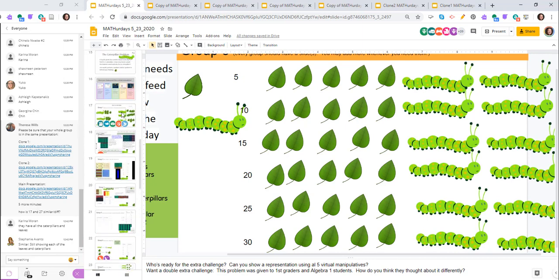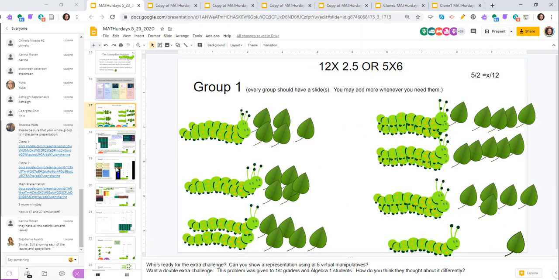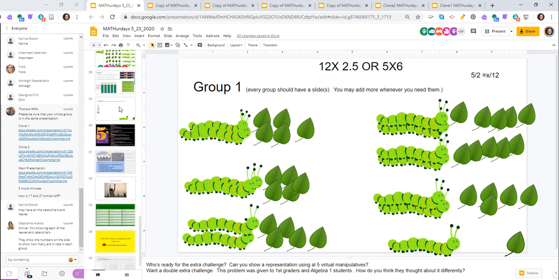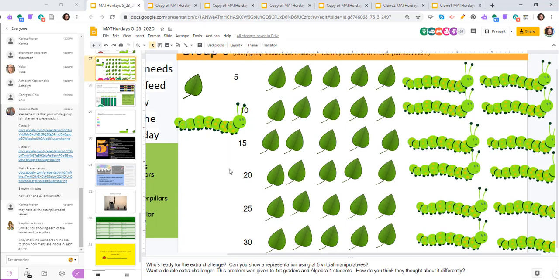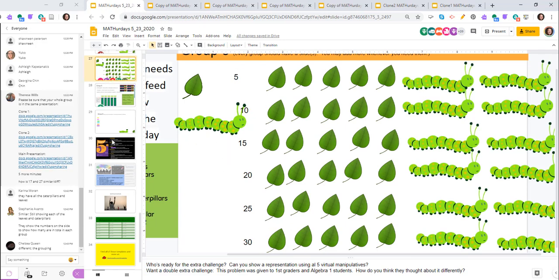The difference would be for group 1, it's more grouped together. So like the 2 caterpillars with the 5 leaves are grouped together versus group 8, I want to say. I think it's switched. Yes, group 8. We kind of just showed it in a more linear pattern, if it makes sense.